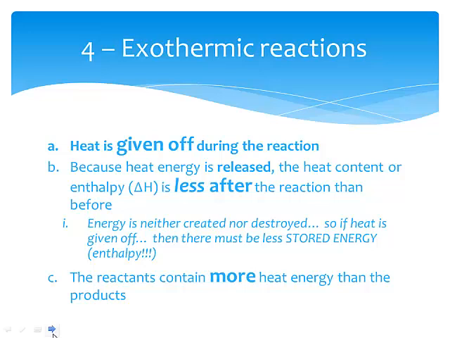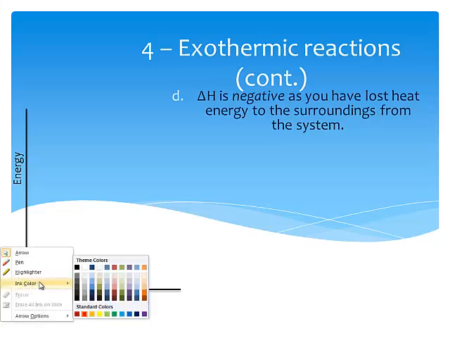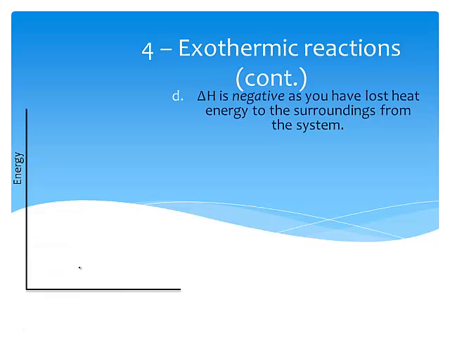Now the reactants contain more stored heat energy than the products do. And as a result, we say that the delta H is negative. Anytime you do a calculation and you see that triangle or delta symbol, delta represents a final condition minus an initial condition.